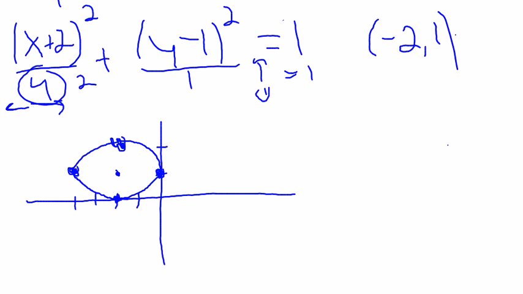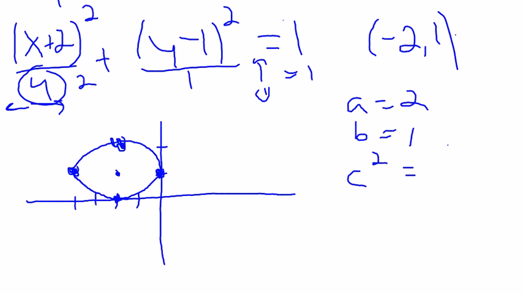Now I need to find my foci. Remember, for this case, A is 2 and B is 1. A is the major axis, or sorry, half the length of the major axis. B is half the length of the minor axis. So my 1, my 2. Remember, it looks like Pythag.